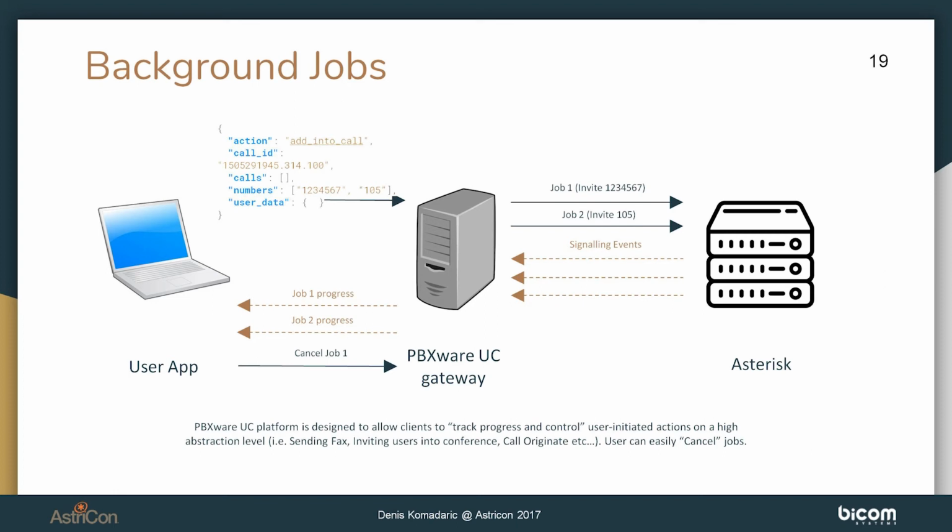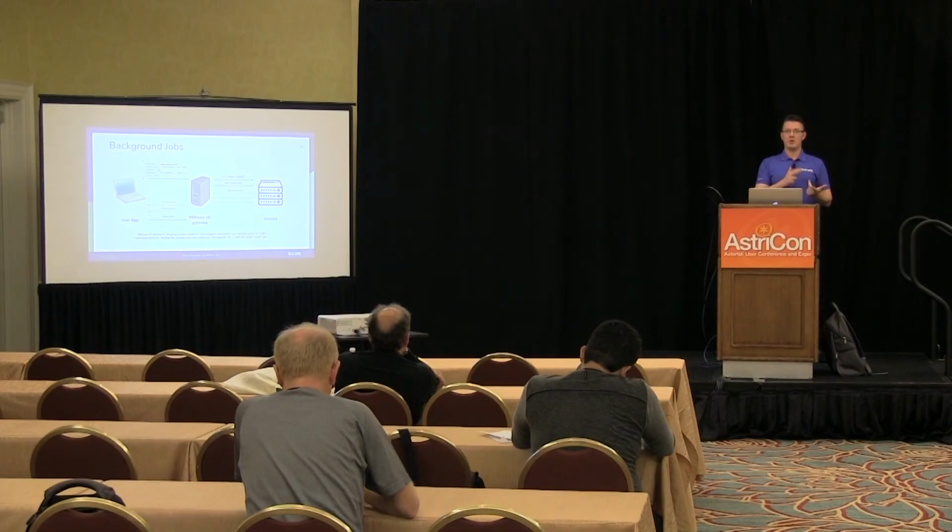So when you add somebody into a call on your desktop, it's not enough to just send a command and wait until the user appears. The requirement is obviously to know the progress of that invitation. If I invited somebody, I want to know, is he really ringing? Is the system calling him? Is he ringing?